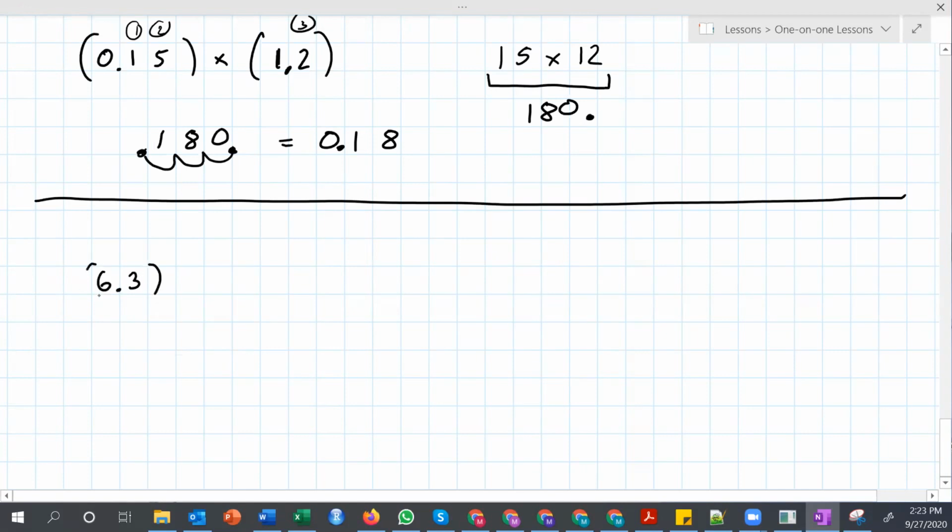6.3 times 0.02. Now, to be clear, this has 1 decimal position and this has 2 over here. But the numbers you multiply are 63 times 2.